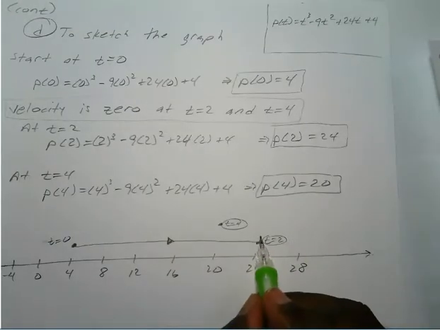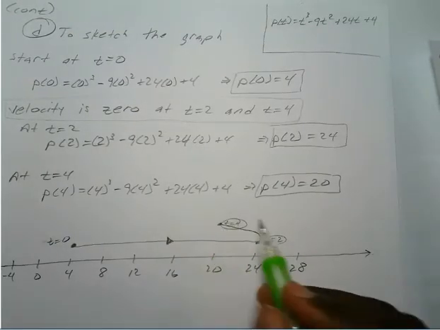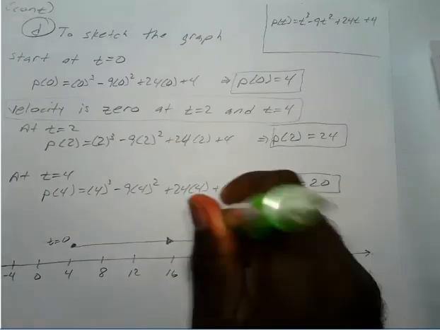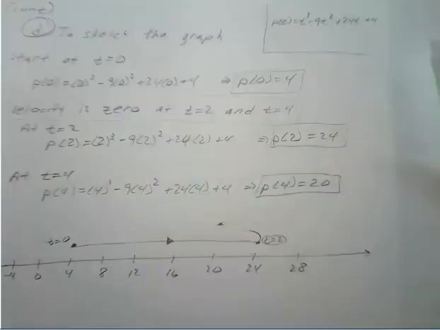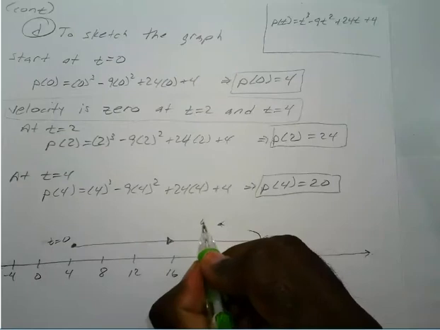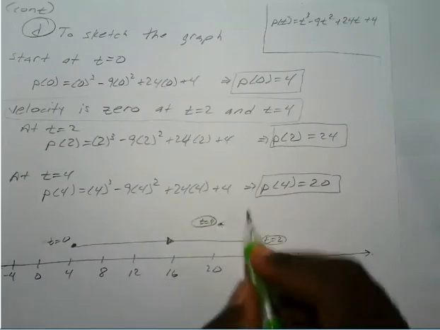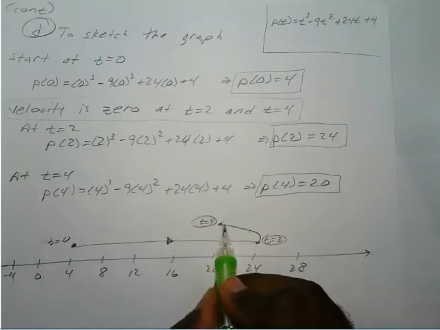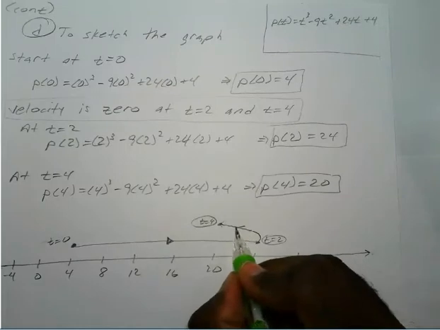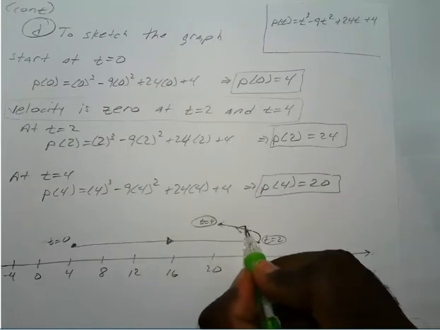Let's get our particle turned around. Let me move this to the other side so it's not in the way. At t equals 4, it's going left to right from 2 to 4, and again, just draw the arrow going that way.